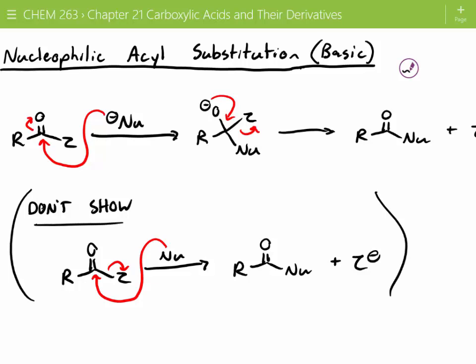What's the problem with this? We're doing an SN2 substitution on an sp2 hybridized carbon. That doesn't happen. So we can't show it in one step. A lot of students get really tempted to try to show it this way, especially when they're in a hurry, but you have to show it going through a tetrahedral intermediate in order to be correct for this.